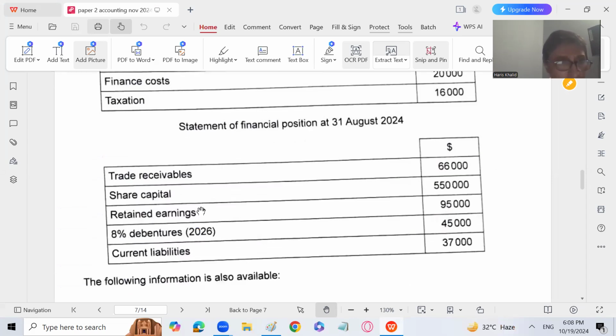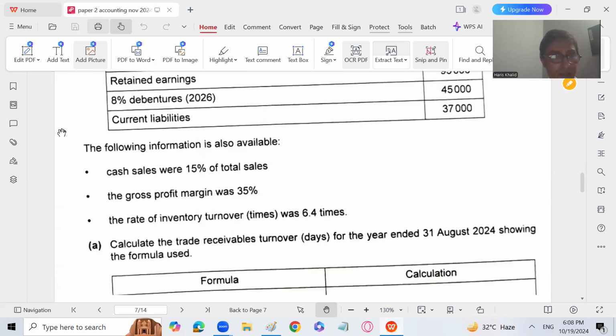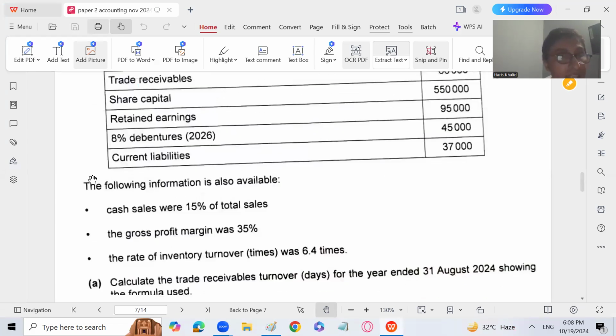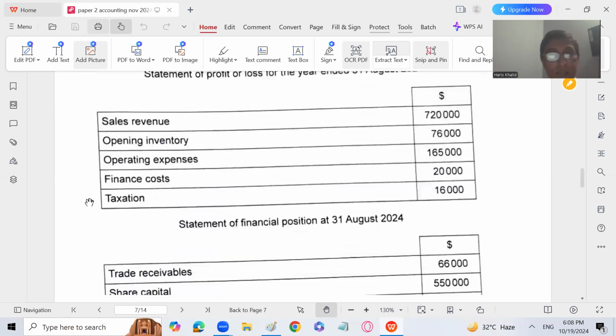Then the statement of financial position data is given. The following information is also available: cash sales were 15% of total sales. If you look at the question, sales revenue is 7,20,000.